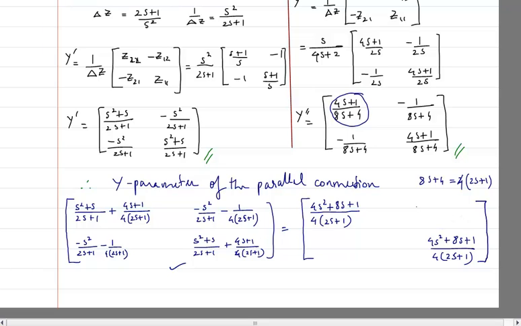Okay, the second case, it is going to be minus of 4s square minus 1 divided by, again, 4 times 2s plus 1. Similarly here also it is going to be minus of 4s square minus 1.